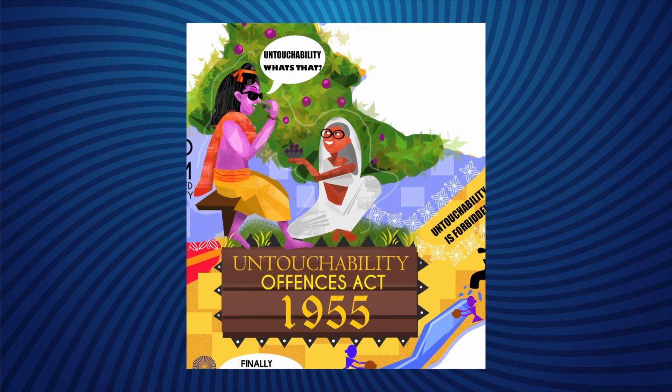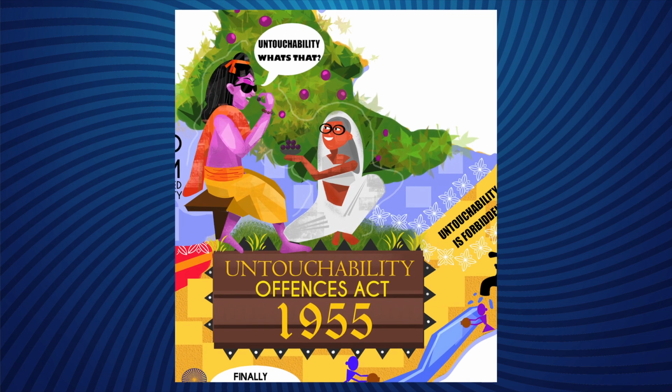The Untouchability Offences Act of 1955 was passed by the Parliament in accordance with the provisions of Article 17 of the Indian Constitution. It made the practice of untouchability a cognizable offence punishable under law.